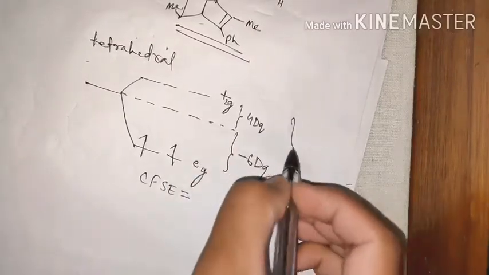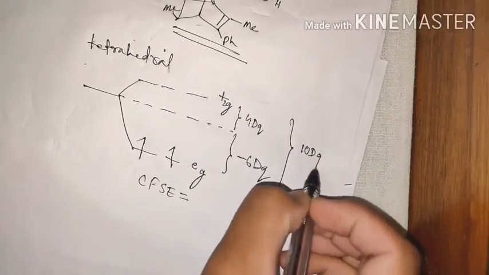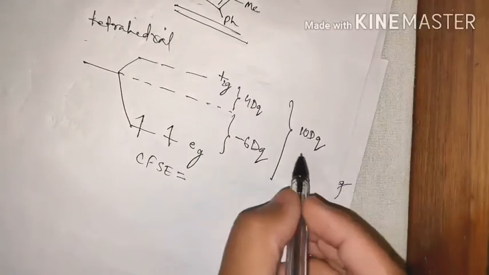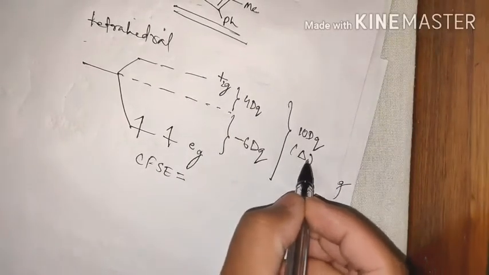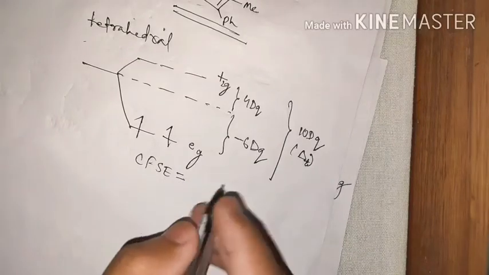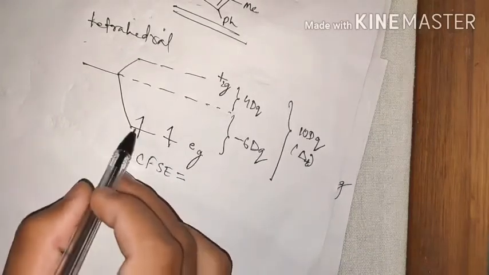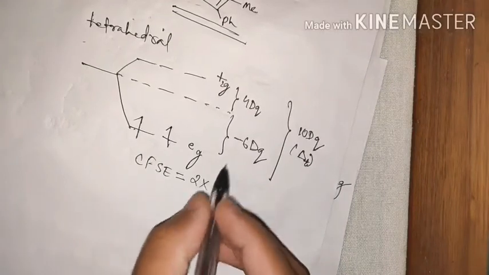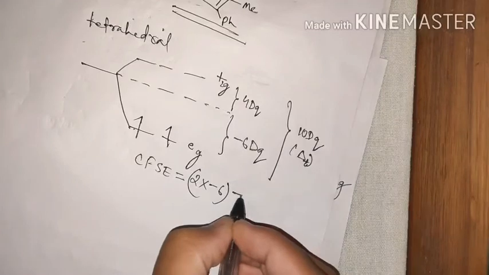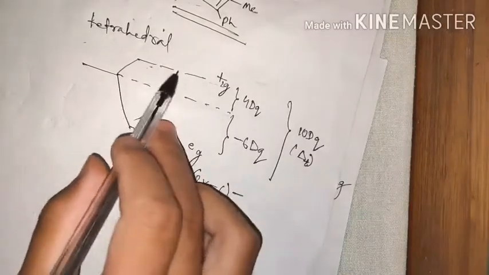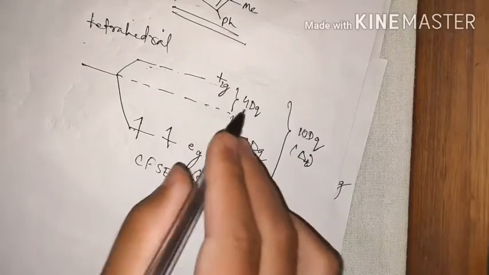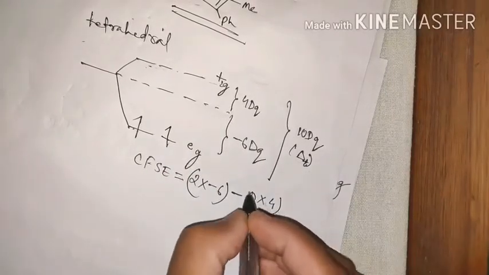Okay, together they are 10 Dq, or what we call the crystal field splitting, that is delta t. Now we are going to see that there are 2 electrons, so 2 into minus 6, we have to multiply this way, and there are no electrons in the t2 orbital, so we write 0 into this energy, multiplied by 4.